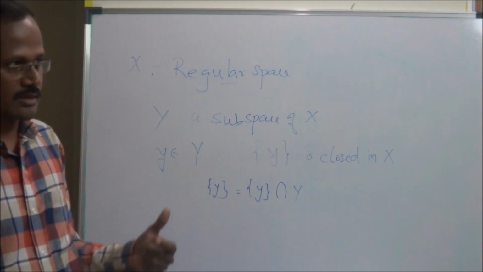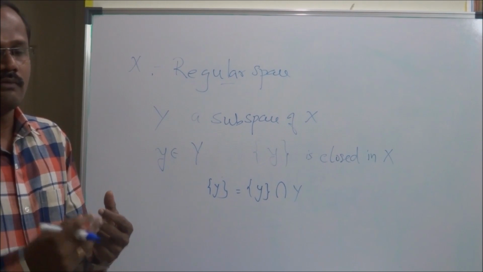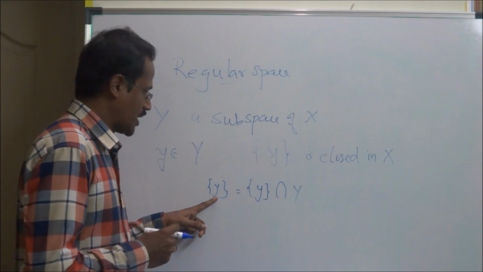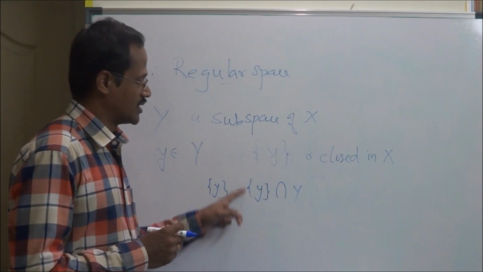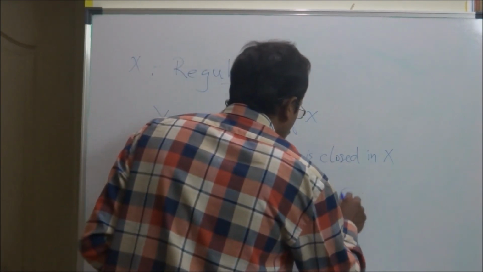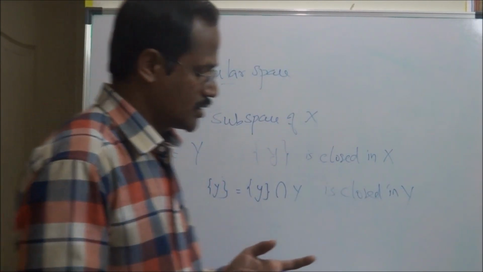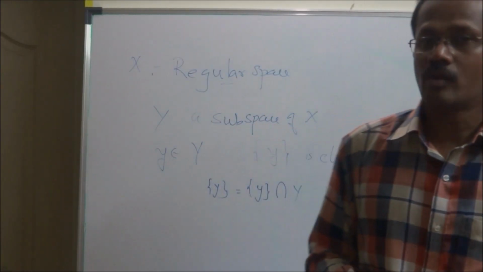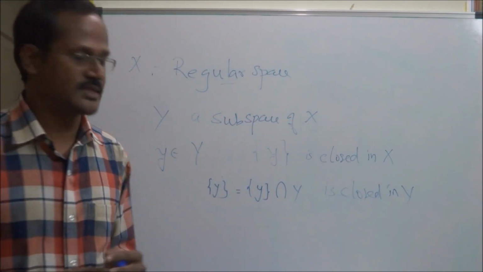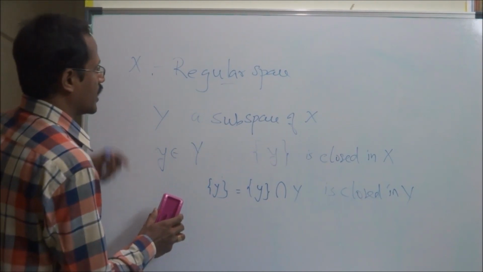In other classes we have discussed that a set is closed in Y if and only if it can be written as Y intersection some closed subset of X. So here we write exactly the singleton {y} as some closed set in X, namely the singleton {y}, intersect with Y. Therefore, singleton {y} is closed in Y. Because we have chosen y as an arbitrary point of the space Y, it follows that every single point set is closed in Y. The first condition for the space Y to be regular is satisfied.